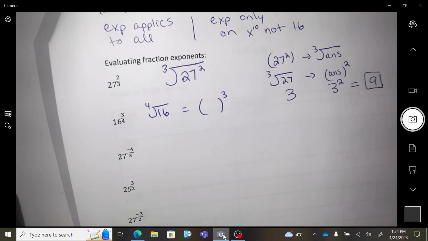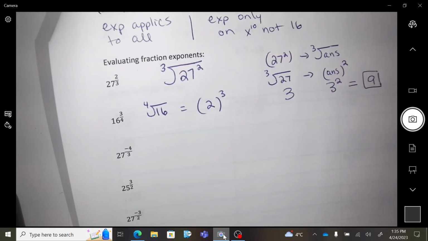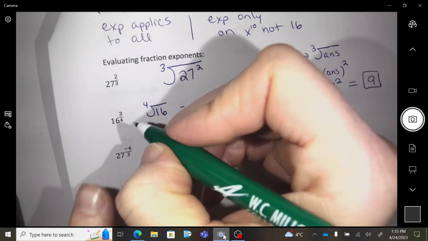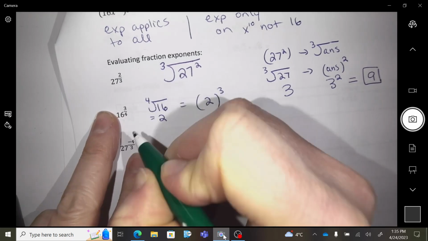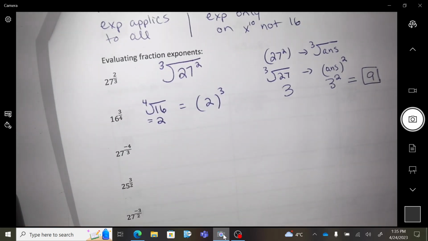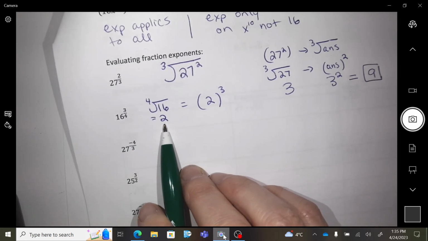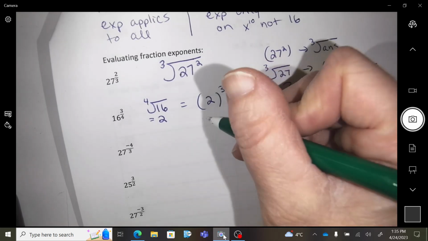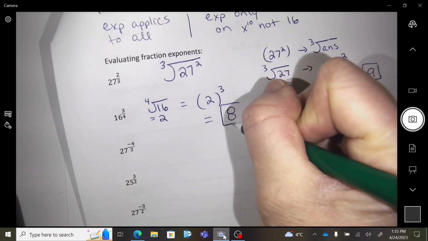Gets you to 16. Something times 2 times 2 times 2 times 2 is not gonna get me 16. Because 2 times 2 is, or sorry, what did you say? 3. You said 2, yeah. Sorry, I was doing 3 in my head. 2. That is 2, yep. I'm sorry. Got like 10 things on the brain today, I guess. And then that's the 4th root, and then cubing it gets me 8.